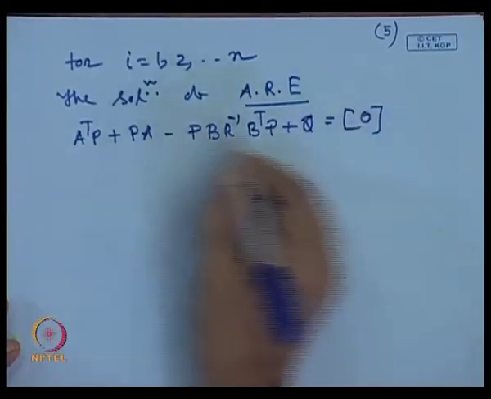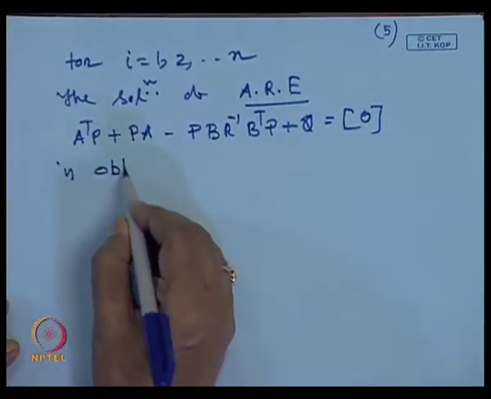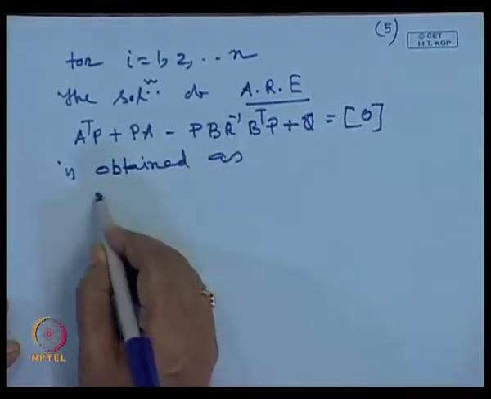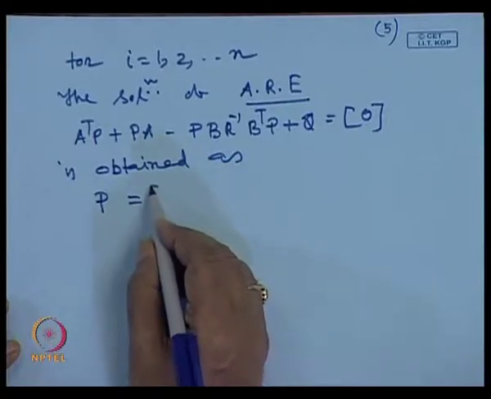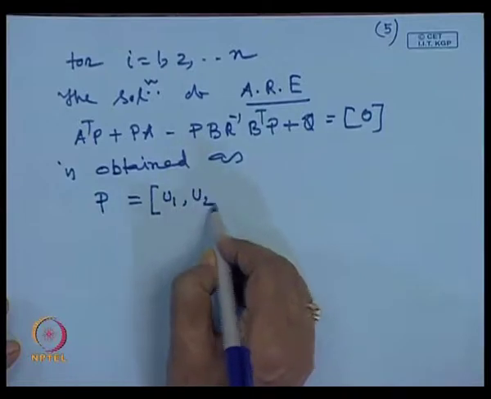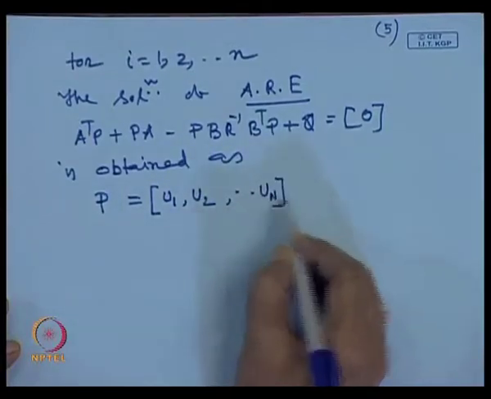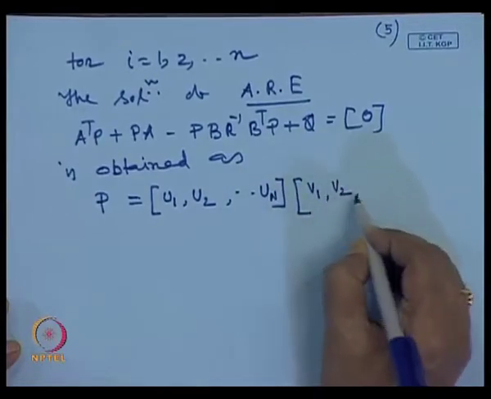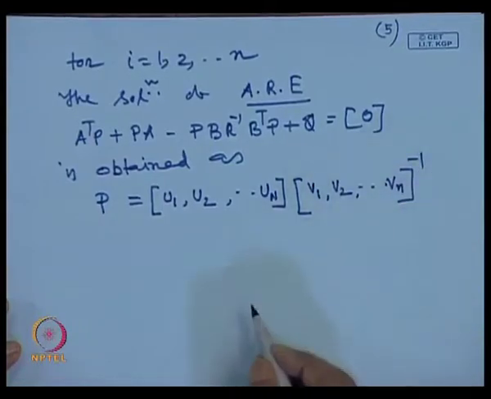The solution of this one is obtained as P is equal to, you form U_1, U_2, dot dot U_n, then this matrix V_1, V_2, dot dot V_n whole inverse.